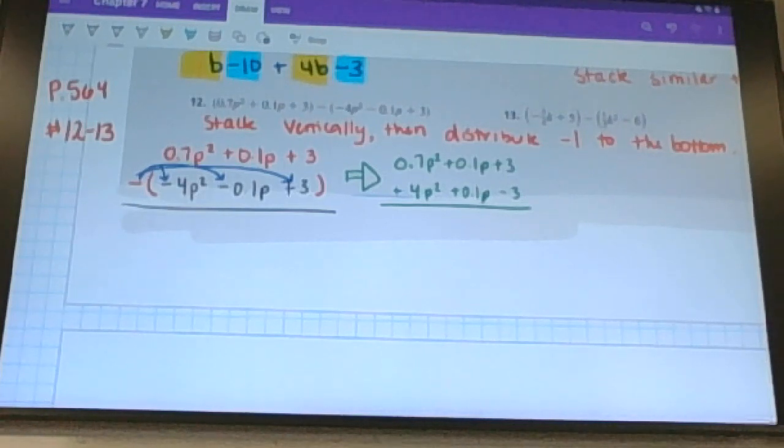Alright, so 3 minus 3 is actually 0. 0.1p and another 0.1p, that's going to make 0.2p. And 0.7p squared and 4p squared is 4.7p squared.